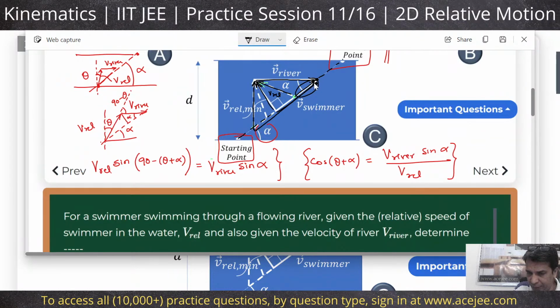Still, the final direction is in this direction. So in what scenario can you see just by simple geometry that V relative would be minimum? The dotted lines are all V relative. V relative is minimum when it is perpendicular to the desired final direction of approach.